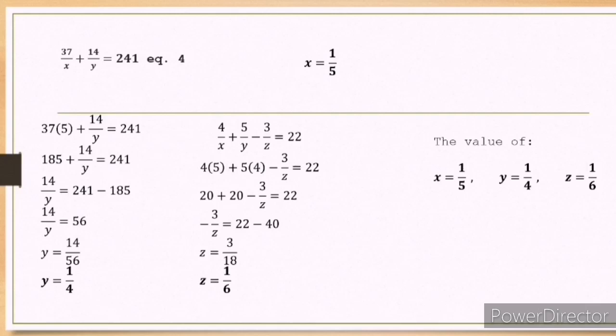Negative 3 over z is equal to 22 minus 40. Z is equal to 3 over 18. Then z is equal to 1 over 6. The value of x is 1 over 5, y is 1 over 4, then z is 1 over 6.